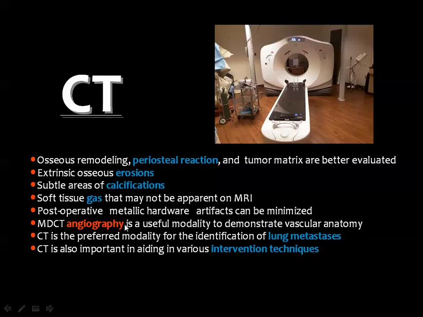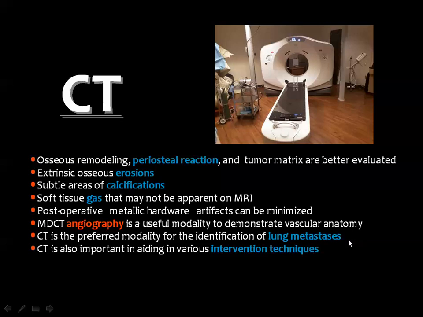Then this is an obstacle: post-operative metallic hardware can produce artifacts that distort the scanning field. Also, we can use the angiographic technique to see the tumor vascularity. CT is considered the only one of the three imaging modalities to see lung metastasis.